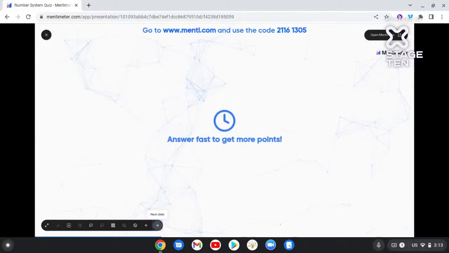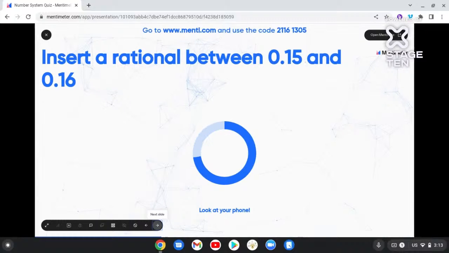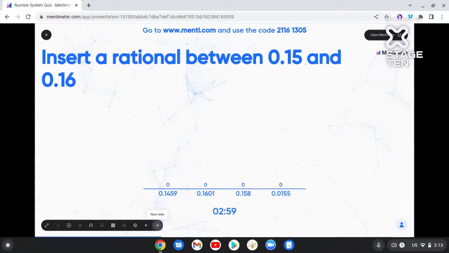Question number 2 is: insert a rational number between 0.15 and 0.16. You just have to look at the options and pick the number which is suitable, and then give the answer. Okay.